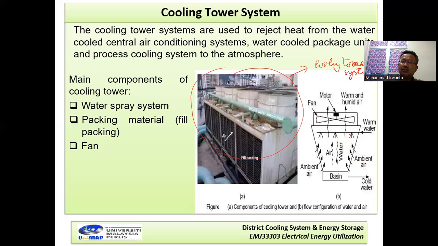Now we can see here when the warm water is sprayed and the air comes from here, the fan will reject the heat from this system. Here is the main function of the fan. And here the warm water is sprayed and then goes down. Beside this we have what we call the fill packing or packing material.